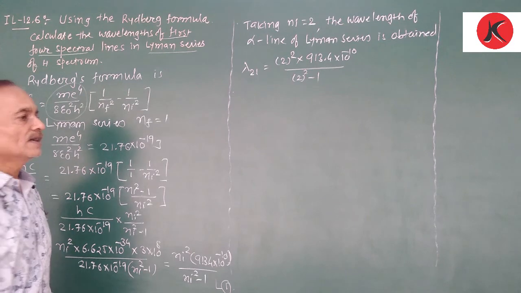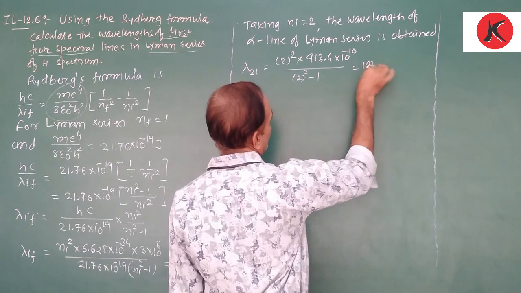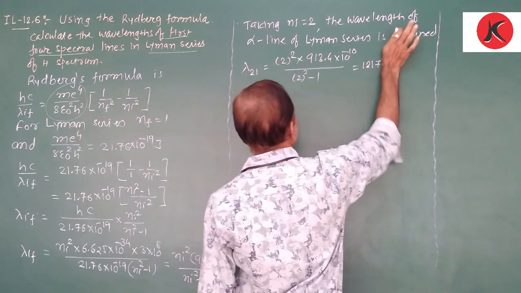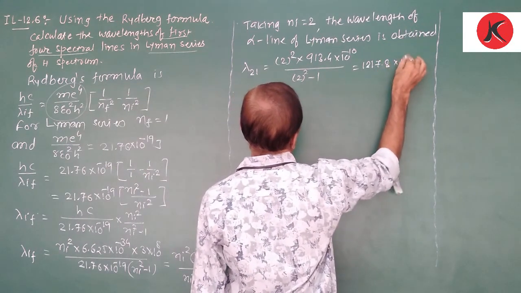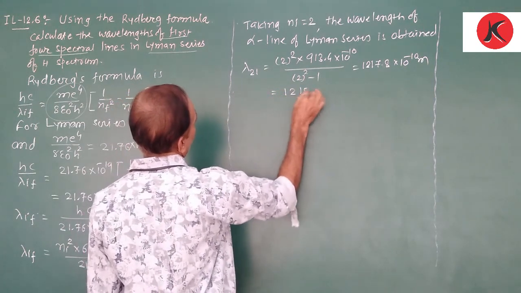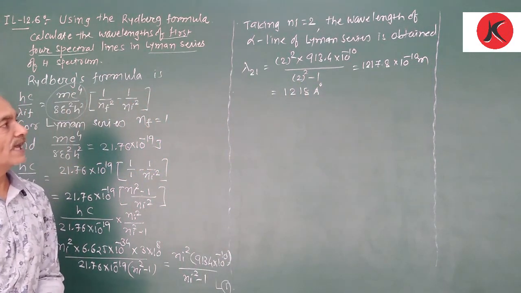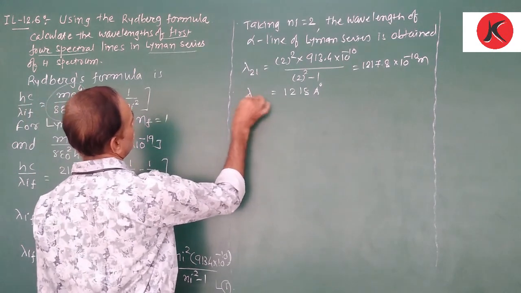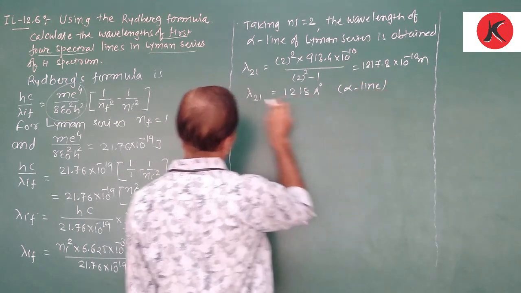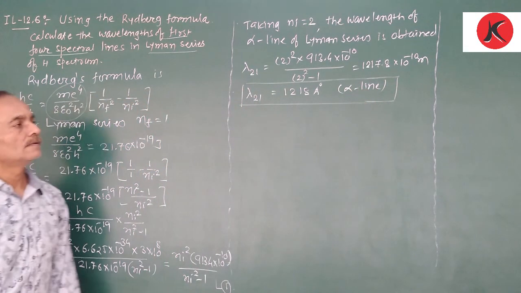If we simplify, we obtain the answer 1217.8 into 10 raised to minus 10 meter. That means 1218 angstrom. That is the wavelength of the alpha line, the first line of the hydrogen atom of the Lyman series.